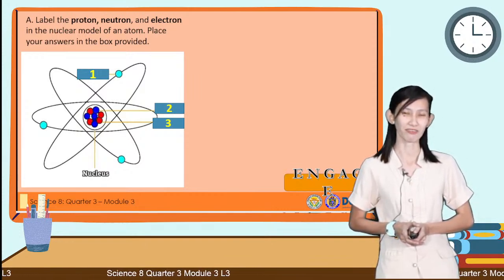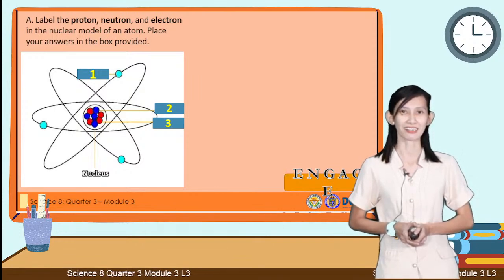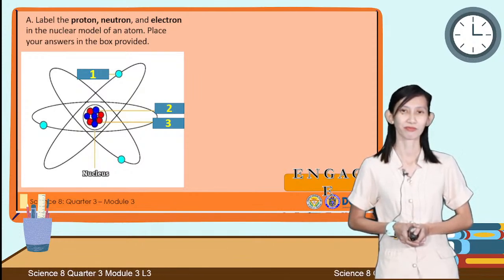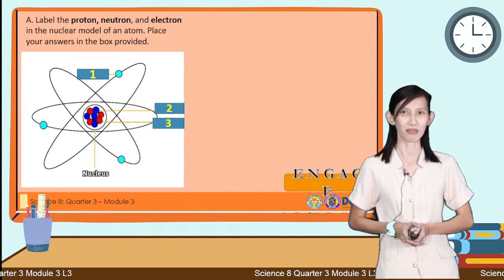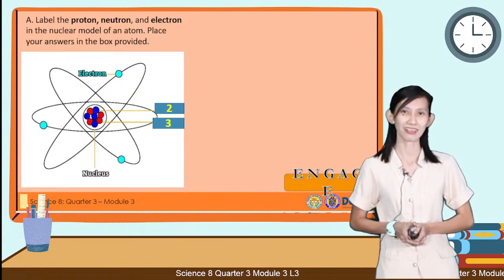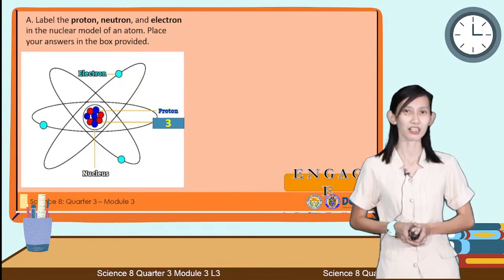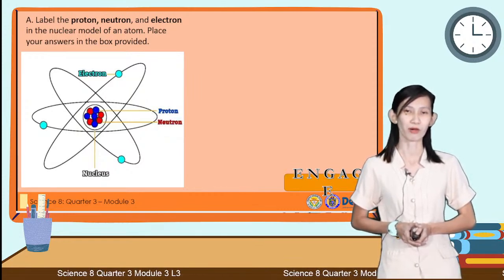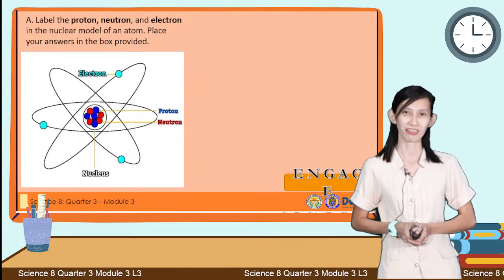I'll give you 5 seconds to think of the answer. Okay, time is up. For the first box, the answer is electron. The second box, the answer is proton. And the third box is neutron. Very easy, right?